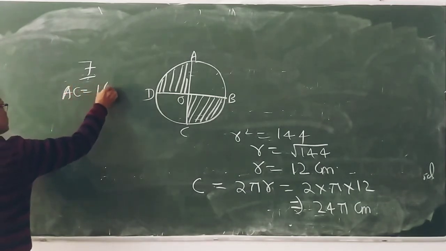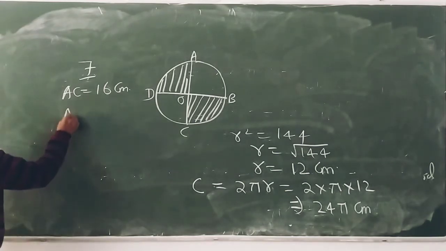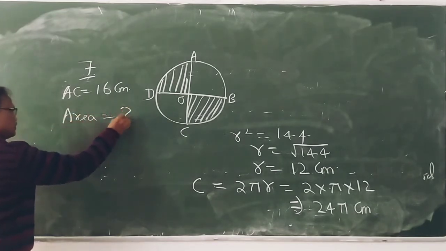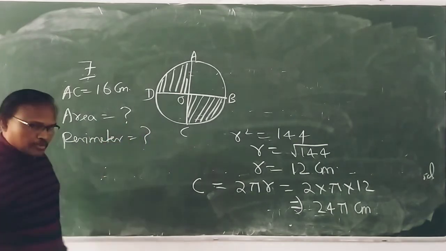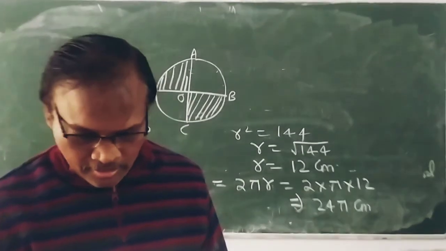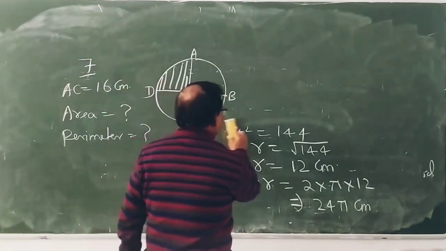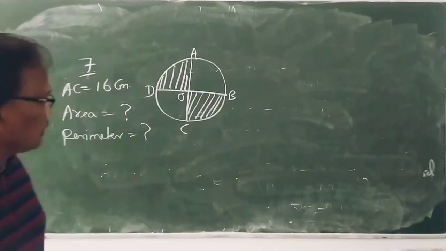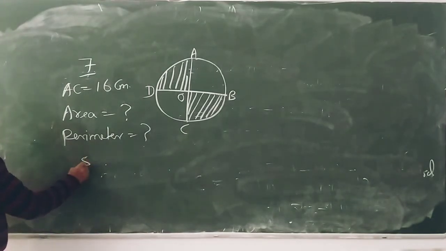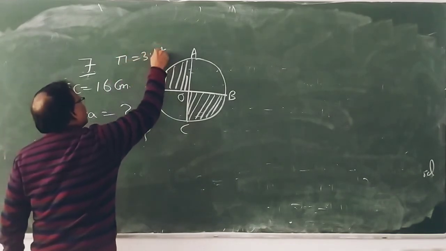It is given. Calculate the area and perimeter of the shaded part. You have to find the area and perimeter of the shaded part, and also pi is given as 3.14.